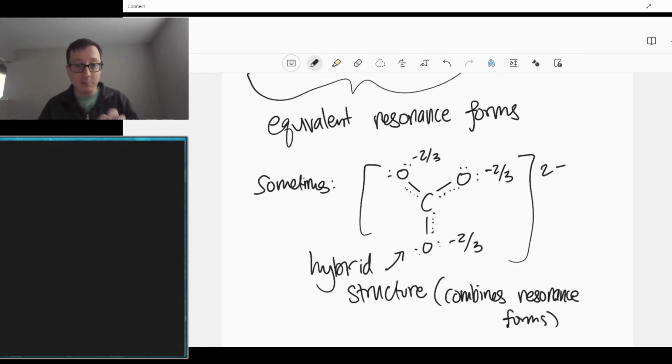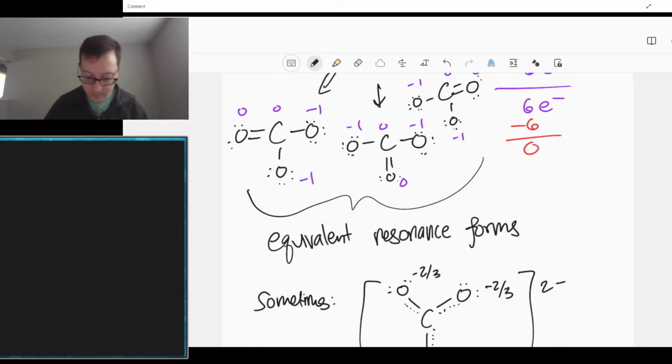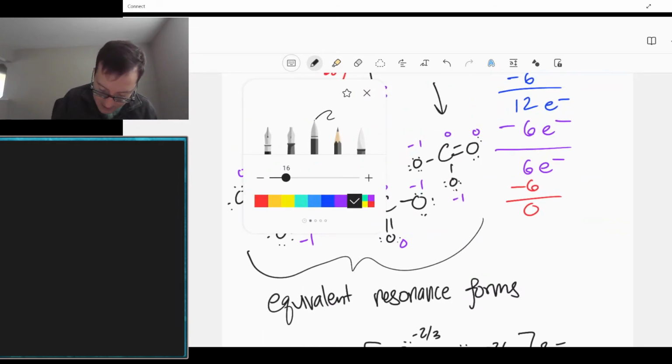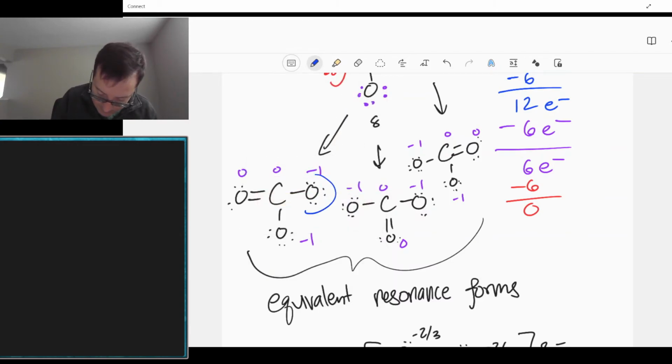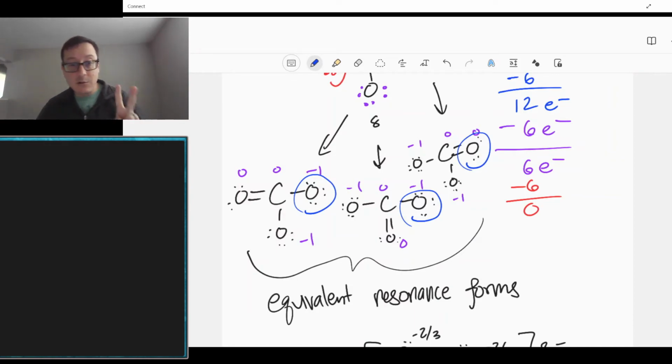So we saw we had options of making a double bond with any of those. And if we look at them, let's look at just one atom at a time here. Let's look at this rightmost atom. In two of our Lewis structures, it had a -1 charge. In our third Lewis structure, it had a 0 formal charge.